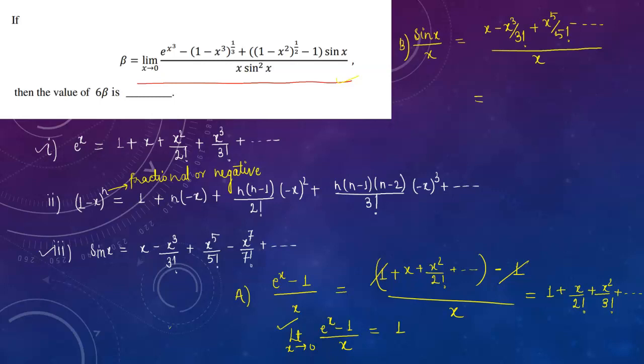Here again x will be common from the numerator and cancelled from the denominator. So at last it will be 1 minus x square by 3 factorial plus x to the power 4 upon 5 factorial. Again, applying limit x tending to 0, it will be 1.